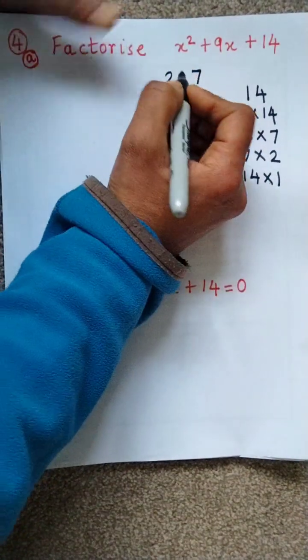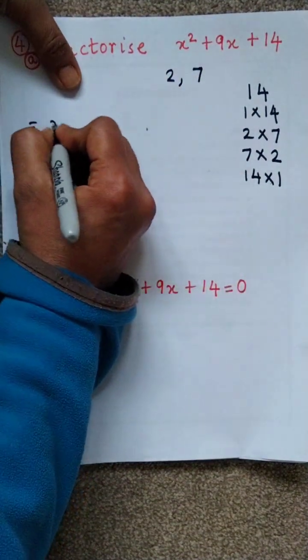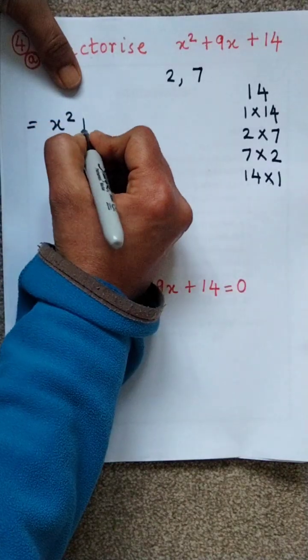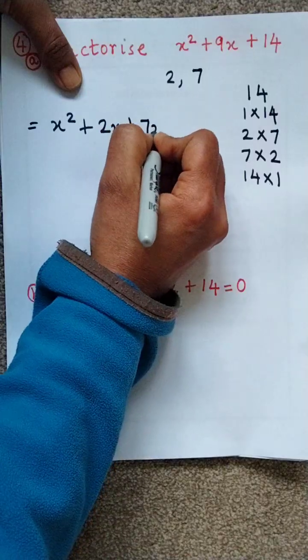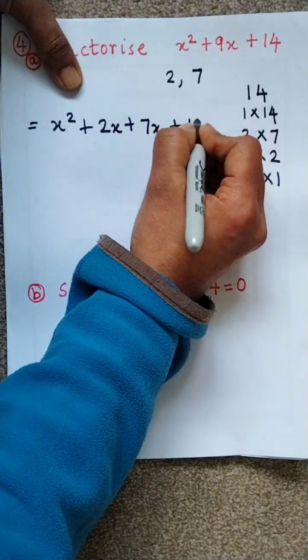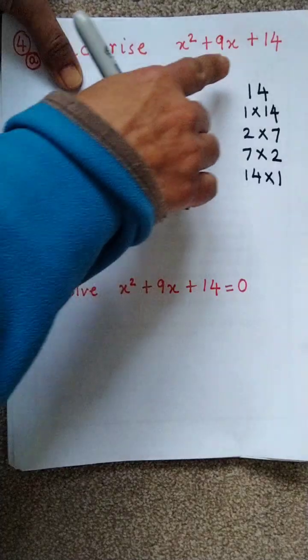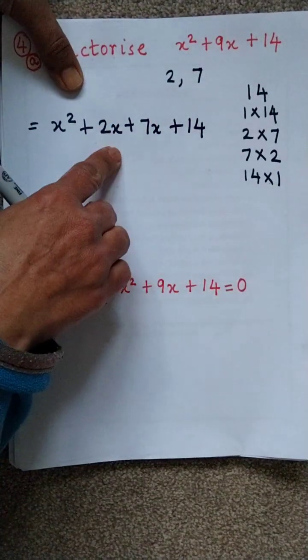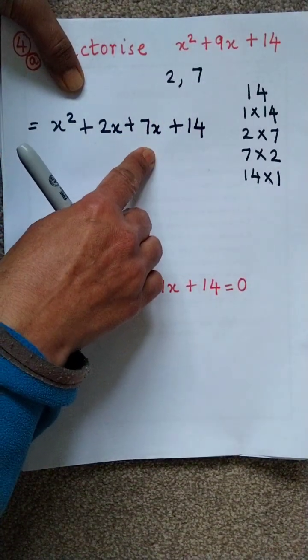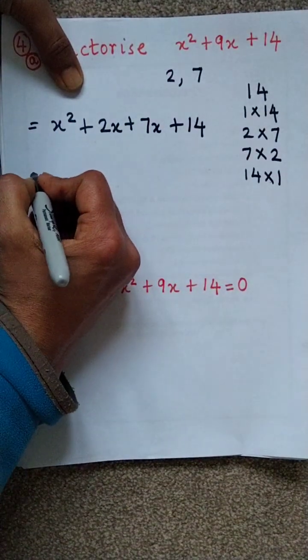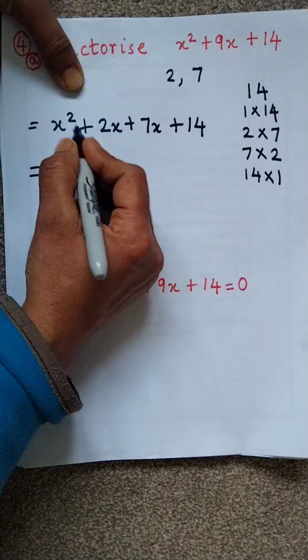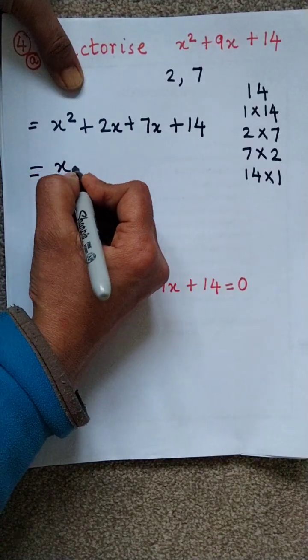So x square plus 9x plus 14 is equal to x square plus 2x plus 7x plus 14. 9x is written as 2x plus 7x, or we can write 7x plus 2x, no worries. What is common here? x.